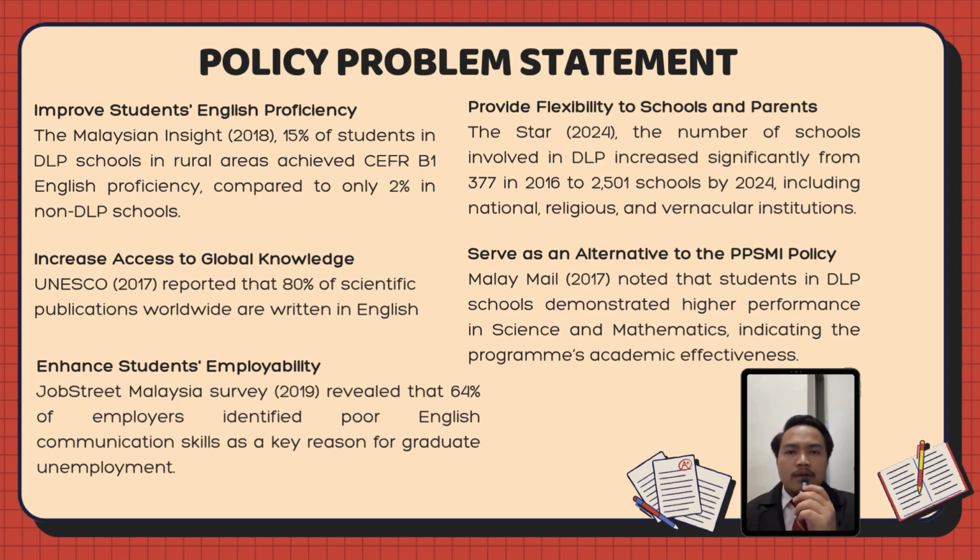A report by Malay Mail in 2017 noted that students in DLP schools demonstrated higher performance in science and mathematics, indicating the program's academic effectiveness. This shows that DLP not only promotes language learning, but also sustains strong subject performance.